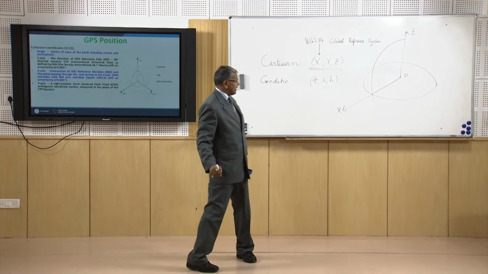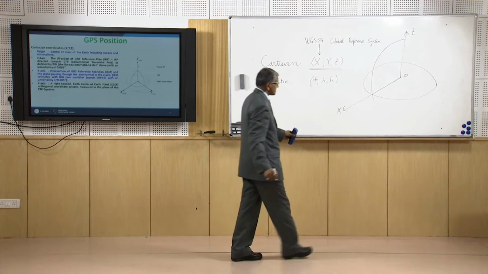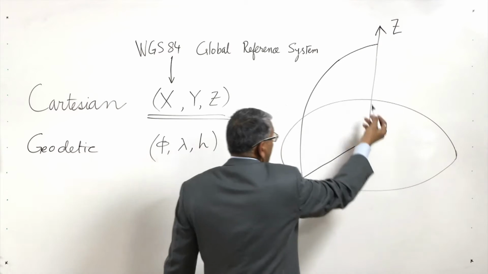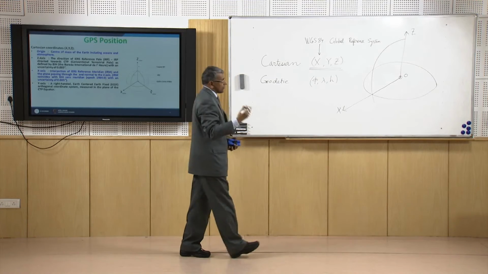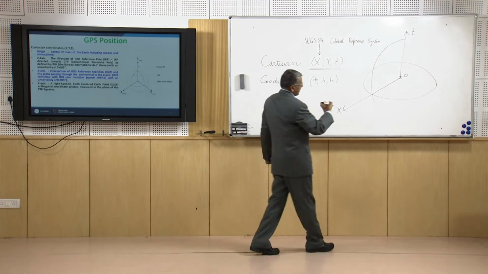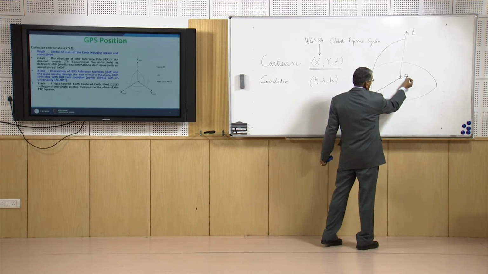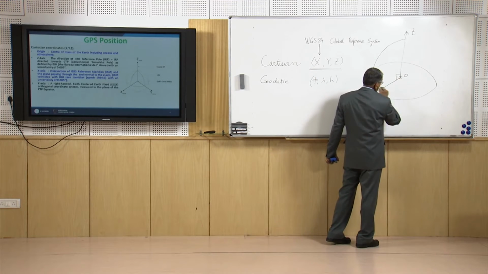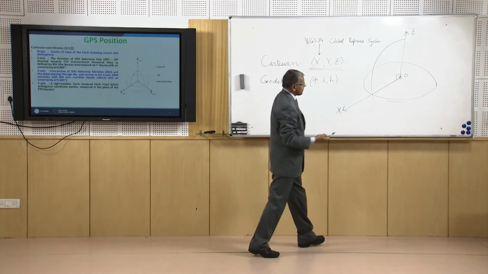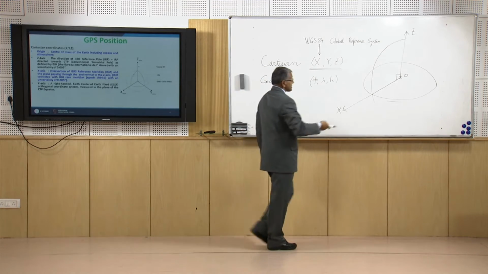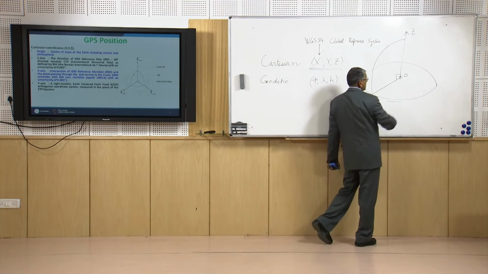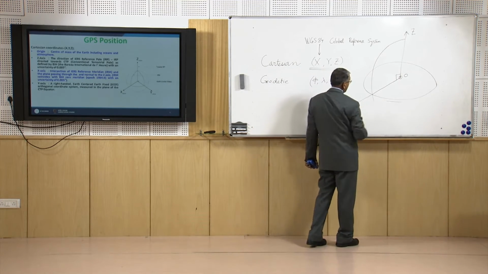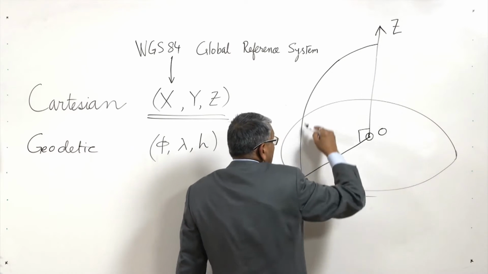In this way we define the x axis; the z axis is the primary axis. First we define the origin, then we define the z axis, and with reference to the z axis, one infinite horizontal plane passing through the center of mass of the earth perpendicular to the z axis, that is the equatorial plane, and another infinite plane passing through the z axis as well as the center of mass and perpendicular to the equatorial plane, passing through the prime meridian.